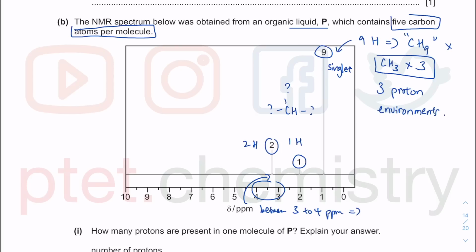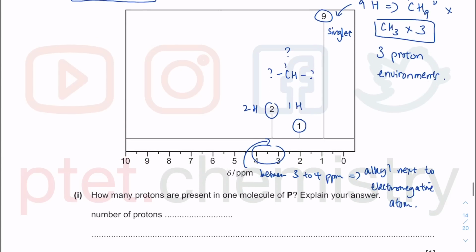This is very indicative of alkyl next to electronegative atoms such as oxygen. So most likely we're looking at O and then CH2 bonded to something else. Alkyl next to an electronegative atom, whereas this one which is close to 2, I can't figure out what it is though. Alright, so let's just think about this. We must have something electronegative and then CH2 like that.